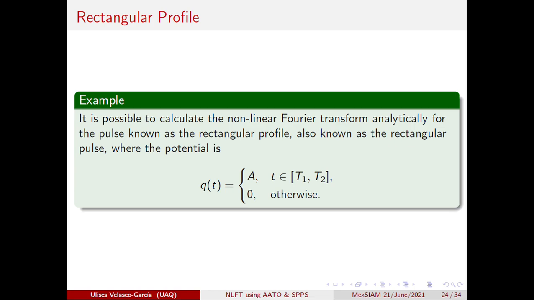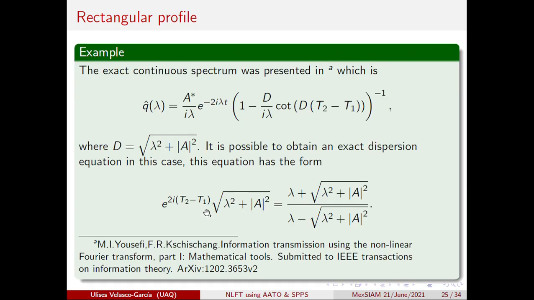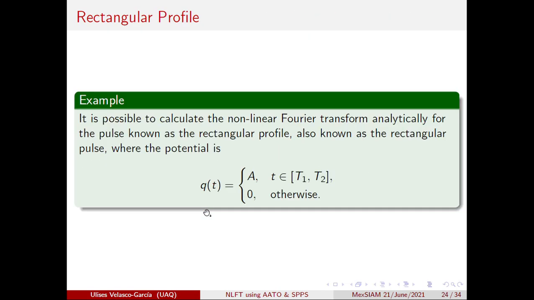So let us consider the simplest potential. This is just a square. It is 0 on all the reals, and in the closed interval from t1 to t2 it is just a constant a. This is known as the rectangular profile.